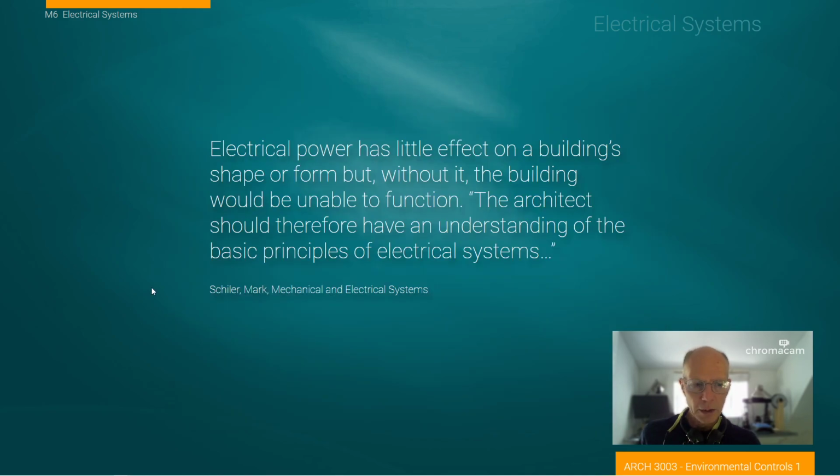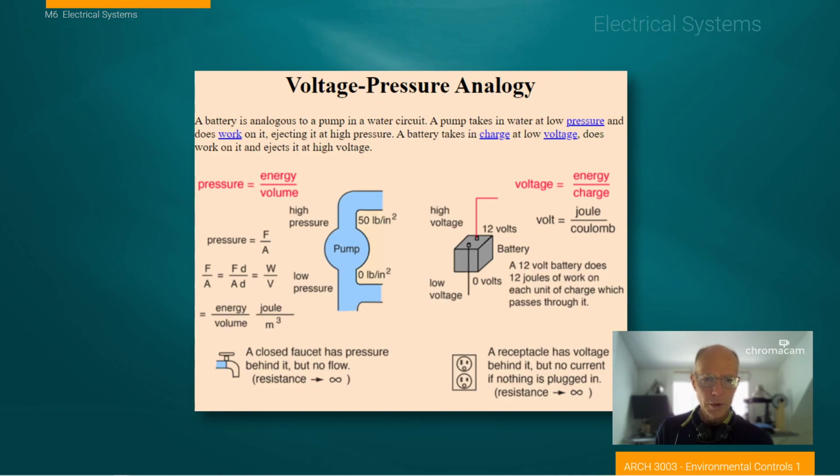Here's just a general statement, once again, about that idea of how important electrical power is to our architectural work, and the need for the basic understanding of the principles. So one of the easiest ways to think about electricity that we kind of have a handle on is this idea of water pressure.